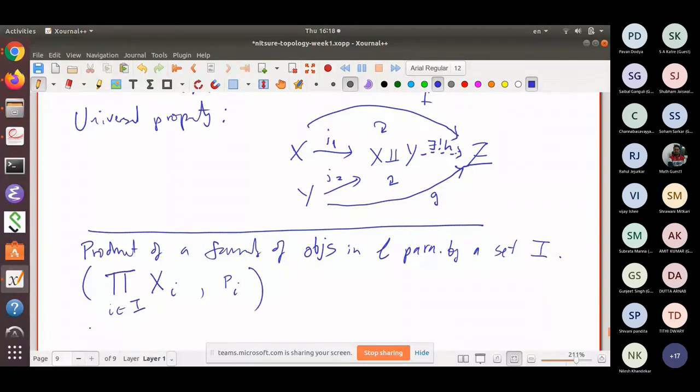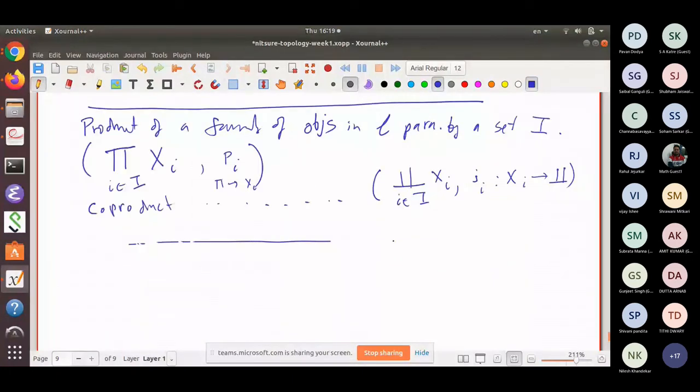And similarly, coproduct. That is the coproduct sign, over i belonging to I of Xi, and instead of Pi, I'll have whatever I called it, Ji. Ji is going in the opposite direction, from Xi into the coproduct. And this Pi is going from the product to Xi. So I am leaving the definition to you because I am in a hurry to get back to my examples.